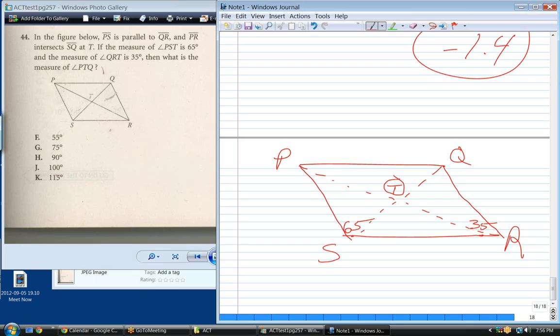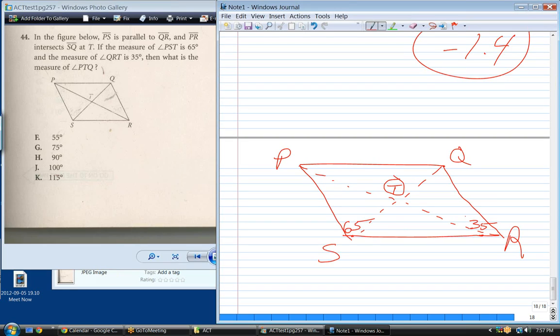So, like most ACT problems, this is a multiple step question. We have to start labeling some of the angles, since we can't immediately know what angle T is. But tell me some of the other angles that I do know here.